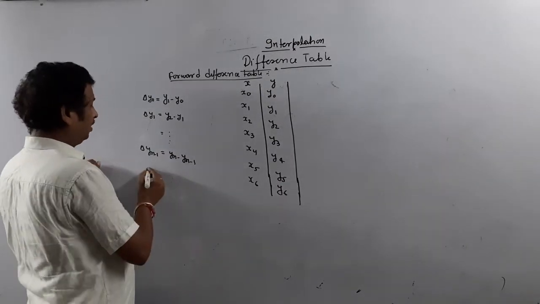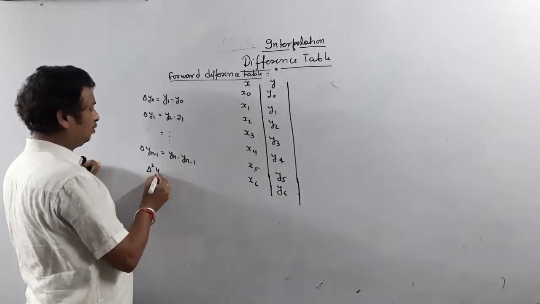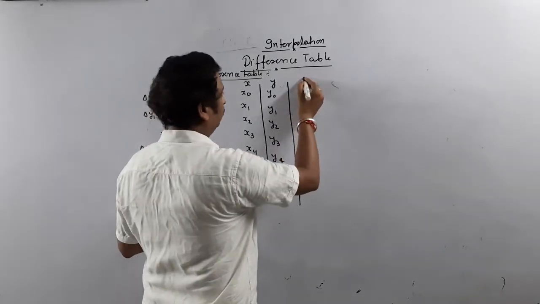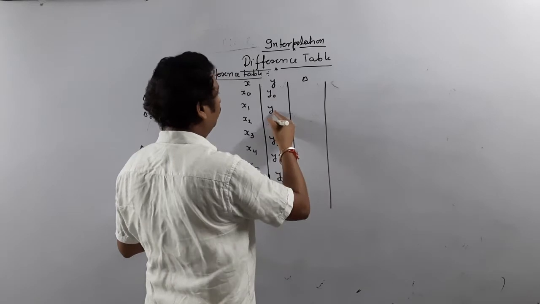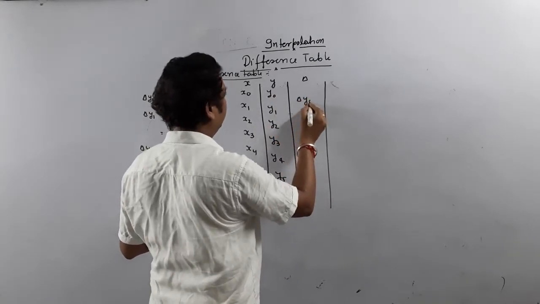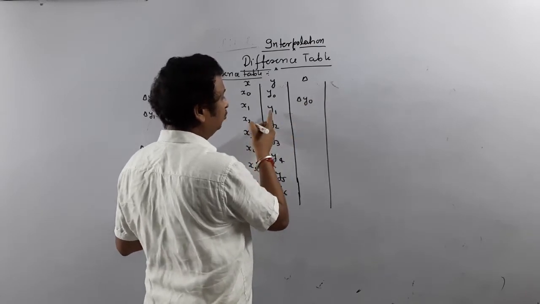For second, we go for del square y0. I will explain this also. Del means first forward difference. So y1 minus y0 is del y0. y2 minus y1 is del y1, the difference of these two.